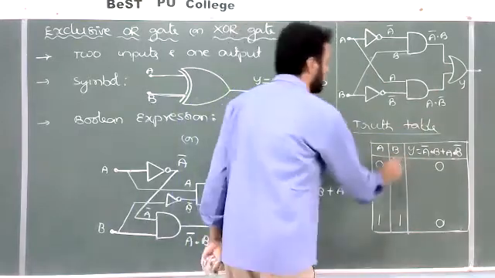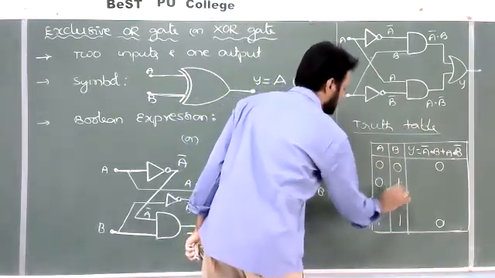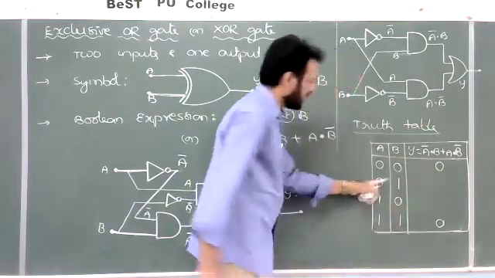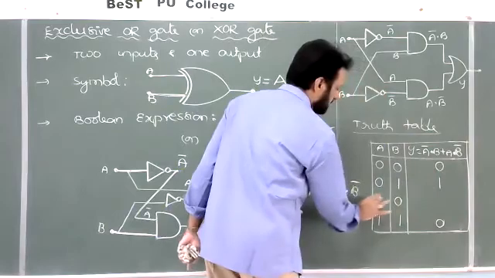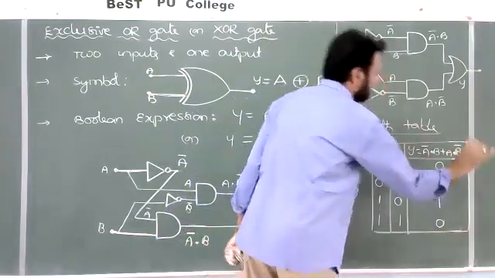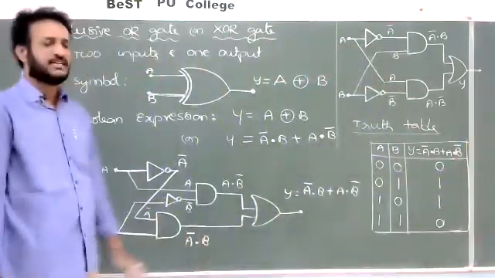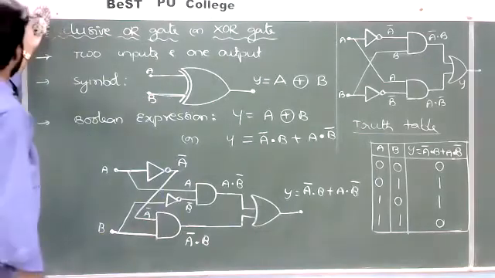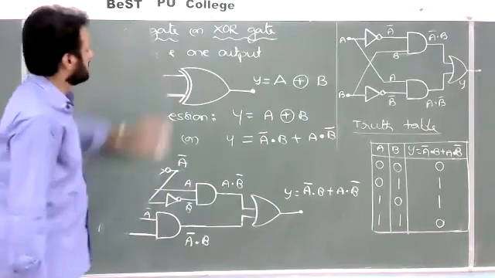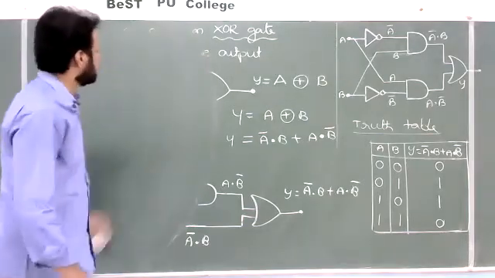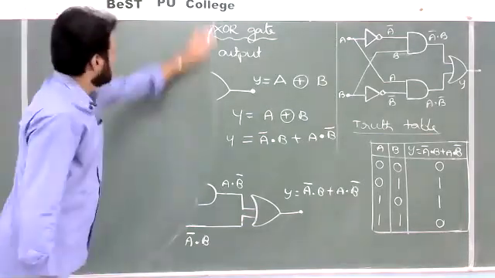Whenever the inputs are different, 0, 1 or 1, 0, the output is high. That's the truth table of the exclusive OR gate. If you want to check, we can use the Boolean expression and verify whether it is correct or not.